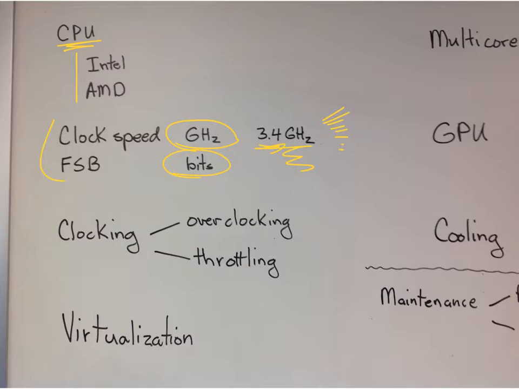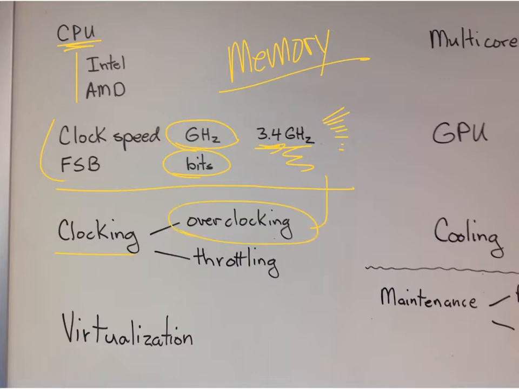So this has a lot to do with performance of your PC. This tied into how much memory. Clocking, overclocking for performance, throttling down for cooling, and longer lasting PCs or processing units.